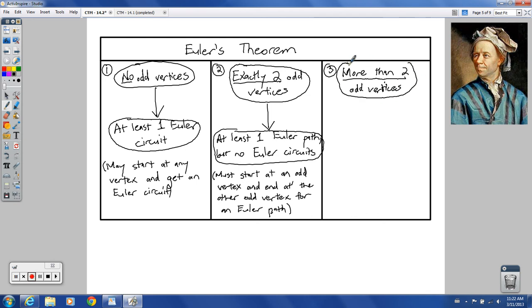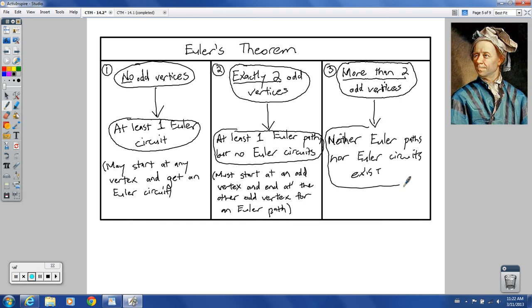Sorry for the crazy, ugly looking I there, but this would mean neither Euler paths nor Euler circuits exist. And since there's nothing that exists there, there's nothing extra to write underneath. You can't get one, so you don't have to know where to start because it's not possible.